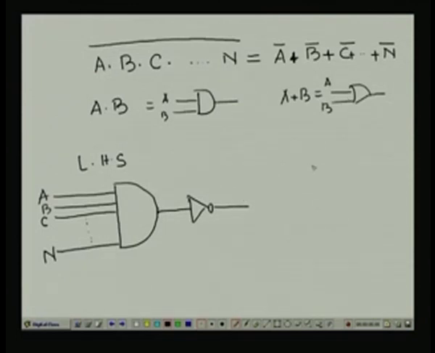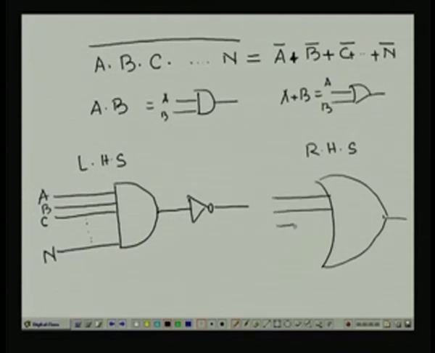What will be the right hand side? See, if I take one n input OR gate, then the inputs will be the inverted forms of the variables used in the left hand side.